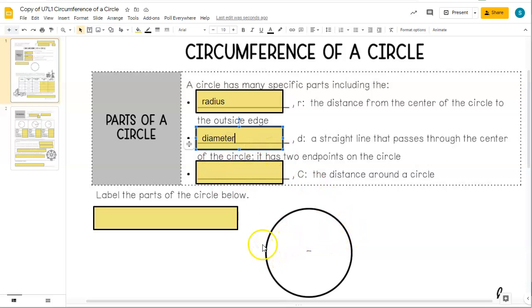Then we would talk about moving around the circle. If we went all the way around the circle, we'd ask how far did we walk, or say we wrapped a piece of string around the circle and marked the two ends, then stretched that string out straight, and we ask how long is that string. That's going to be called the circumference.